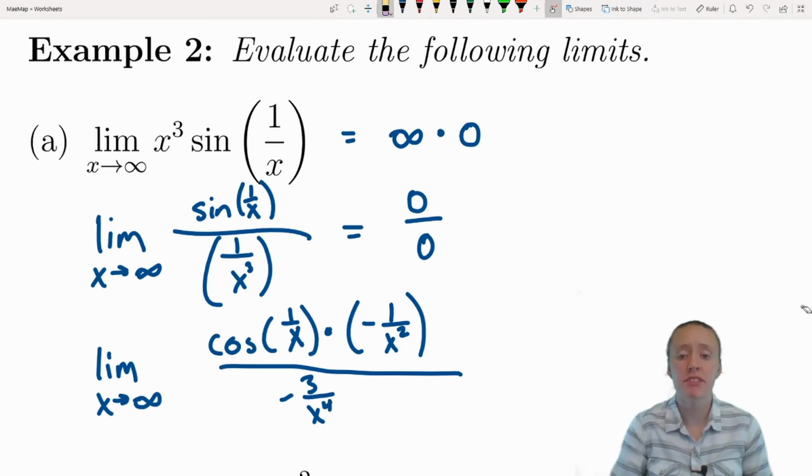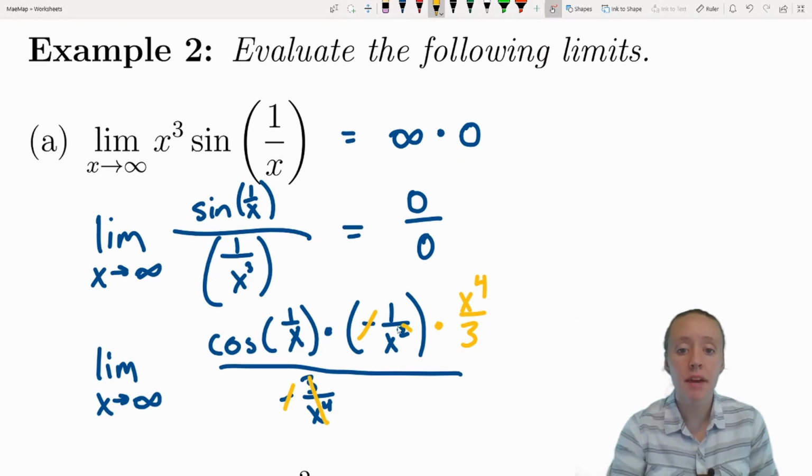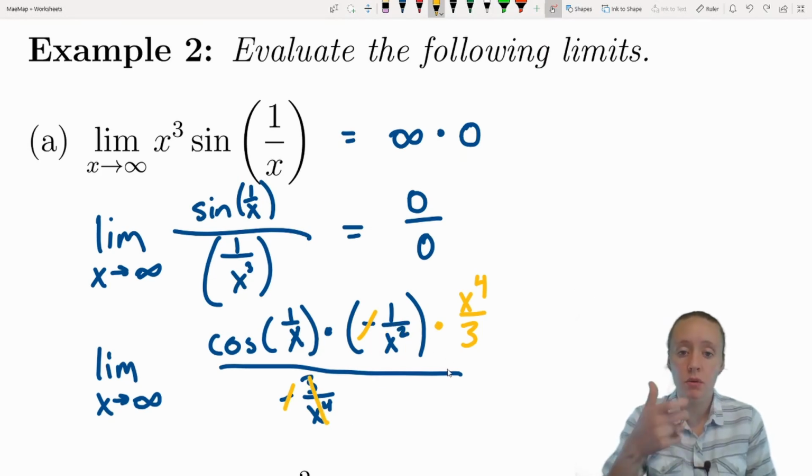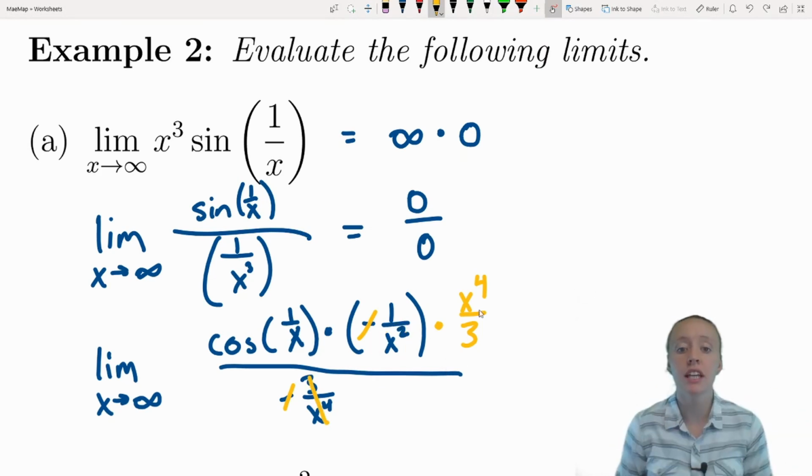Let's see if I can simplify it down. First off, my negative will cancel out with my negative, so I'm still having a positive over a positive. And as opposed to dividing by 3 over x to the 4th, let's multiply by that reciprocal. So multiply by x to the 4th over 3. Doing that, you'll see that my x squared in my denominator within my numerator is going to completely cancel out.